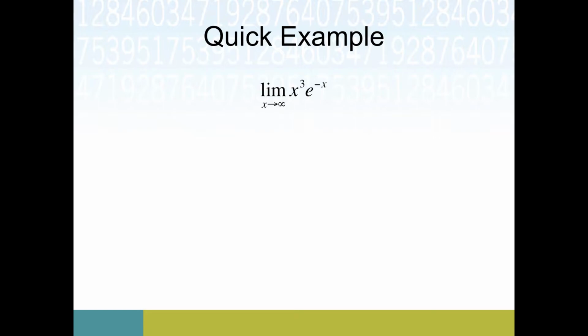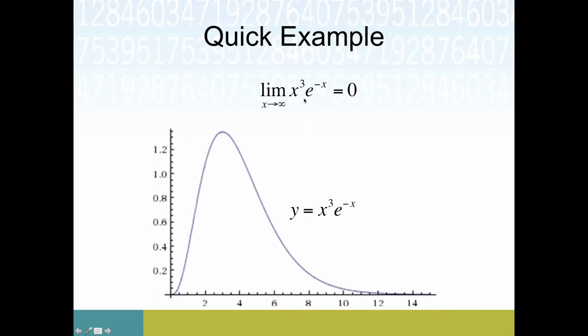In this case p was 3, that's our exponent on the polynomial, and a is 1. No matter what, if you have a negative exponent on e and a polynomial multiplied to it, it may in the short run have spiky growth, but it's going to level off towards 0.